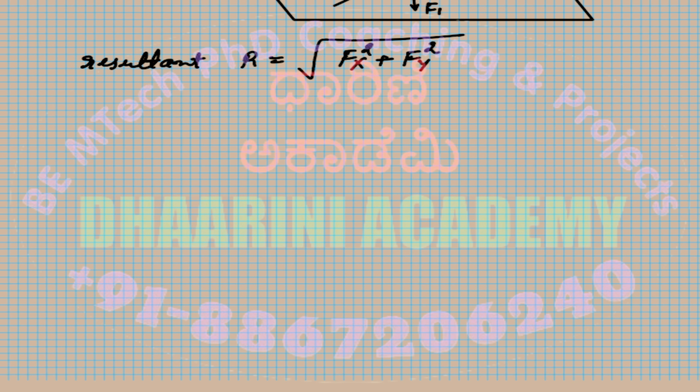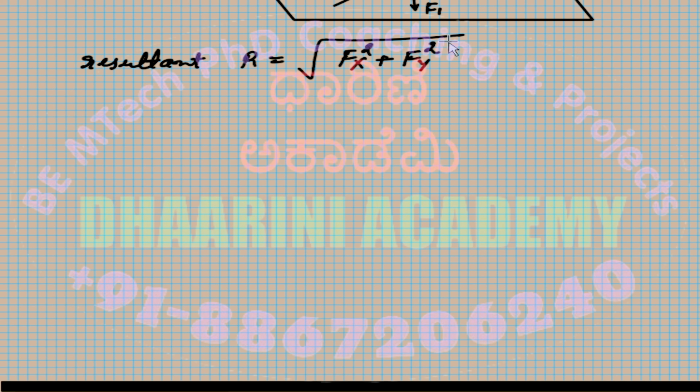I'll slightly modify. The modification is I don't simply write the Fx and Fy like this. Instead, I'll write a summation as well. So there is a summation coming into picture.